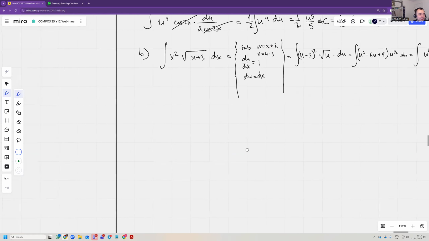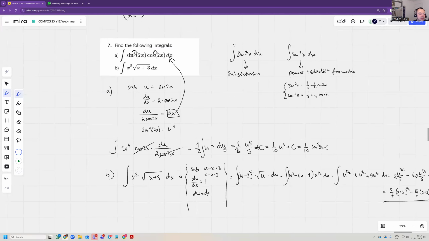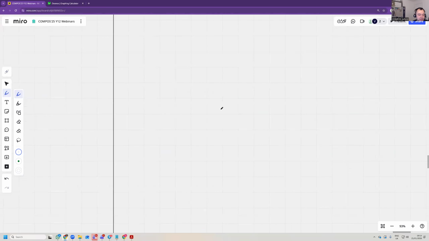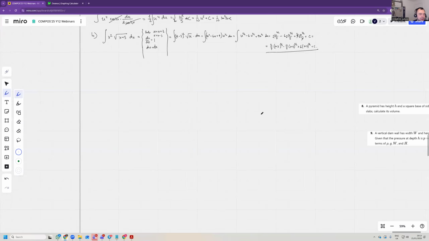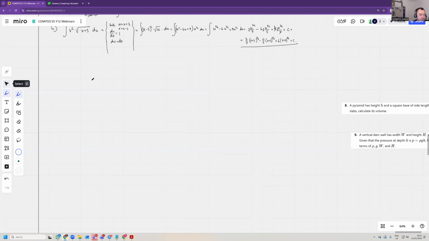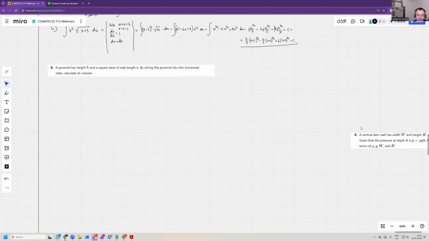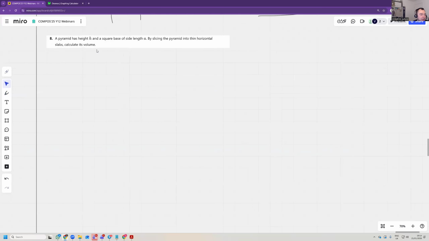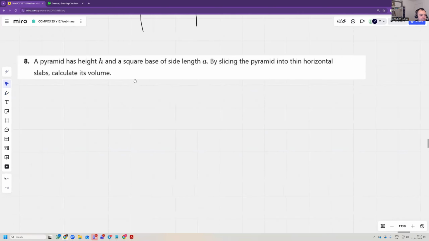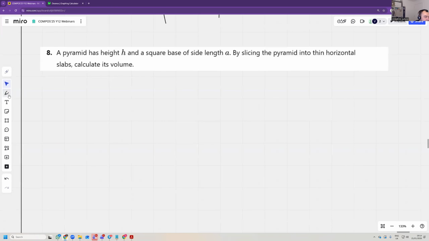Okay, finally 7, 8. Last 8. Okay, getting to the interesting part. We have a pyramid that looks like this, a square base pyramid.